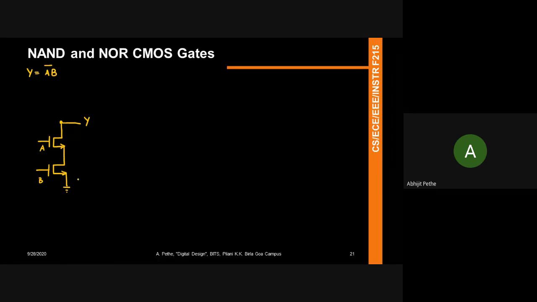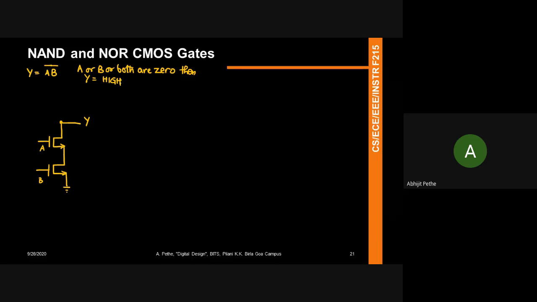Now let's look at the flip version. When should Y go high? Y should go high when either A or B or both of them are 0. That is the NAND gate. Which means Y should charge up to 1 even if A is 0 or B is 0.